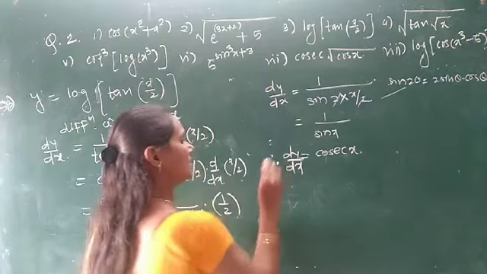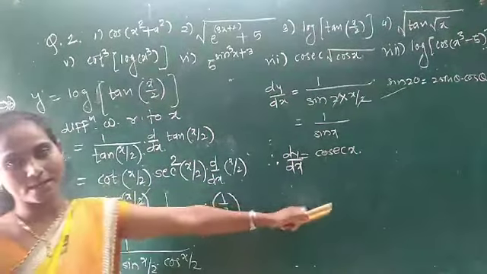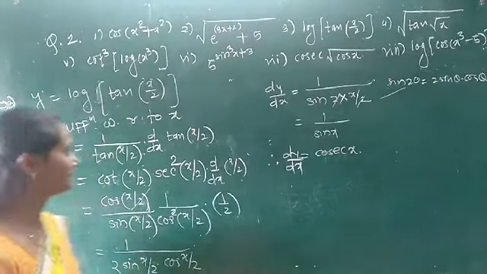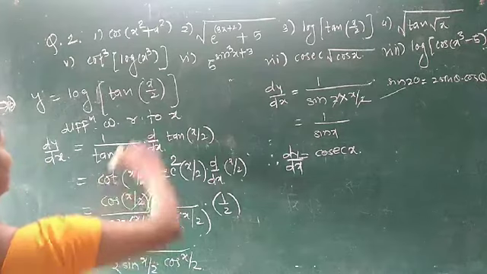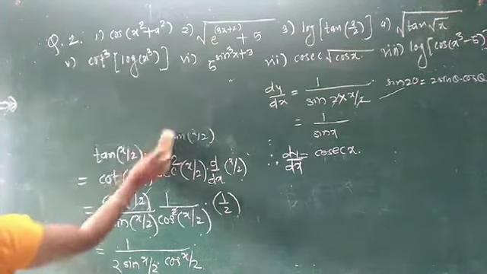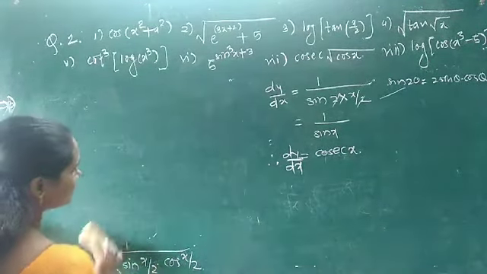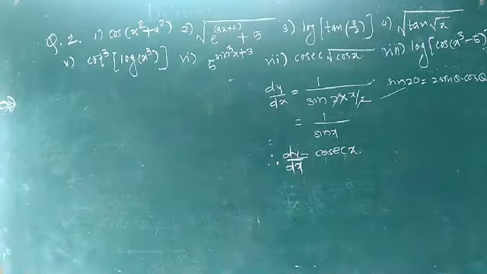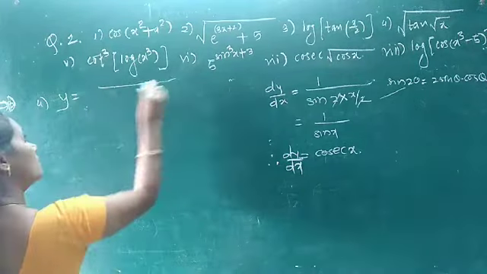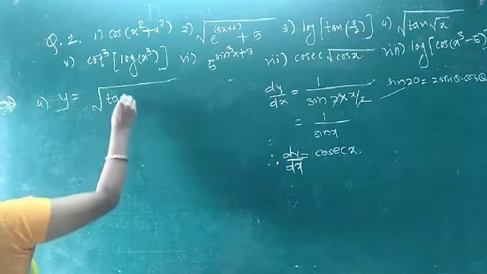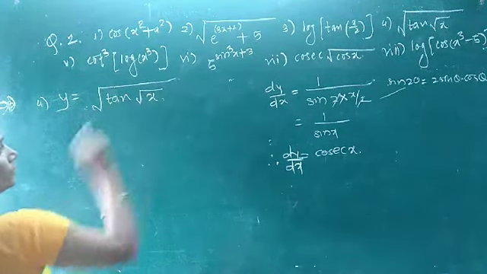So our answer dy by dx is equal to cosec x. Now the fourth example: y is equal to under root tan of root x.